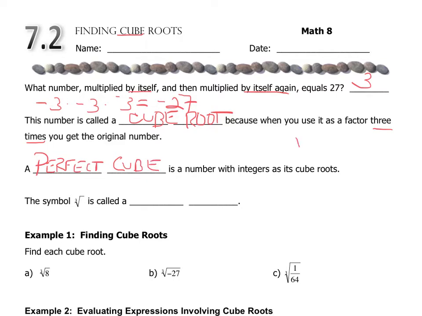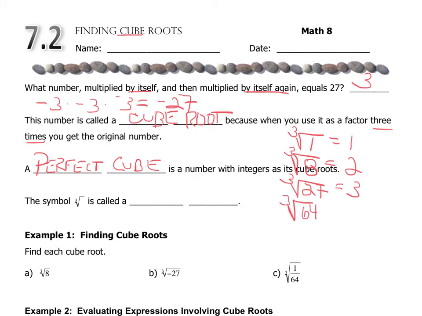So, for example, if I do the cube root of 1, I get 1. The next perfect cube is going to be 8, because 2 times 2 times 2 is 8. The next one jumps all the way to 27, so you can notice how the cube roots are going to jump a lot higher and a lot faster.